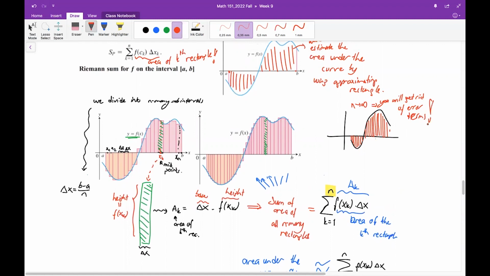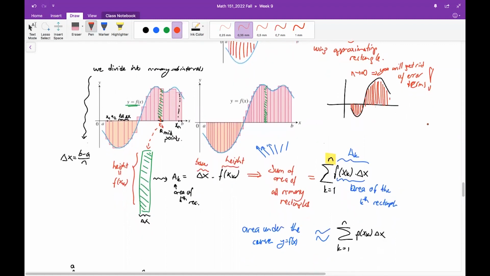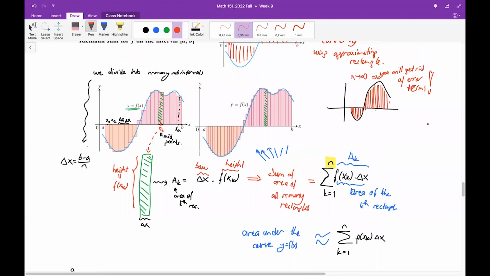And this is the very useful idea of how we can express the exact area with a Riemann sum. Okay, so we will be using this idea to express the exact area by using this Riemann sum.